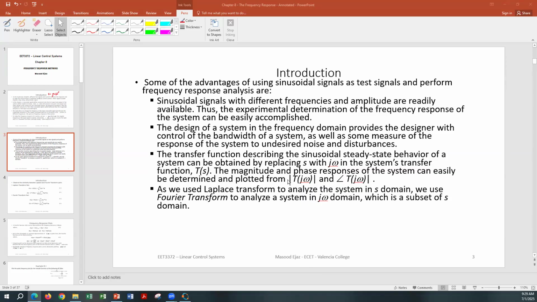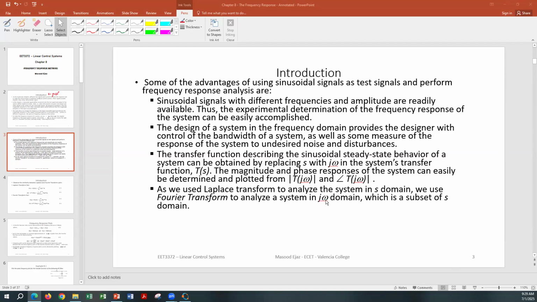Wherever we use the complex frequency domain, we calculate the magnitude response as well as the phase response. That's where you need to understand complex numbers, to write the equations for magnitude response, phase response, and so on.